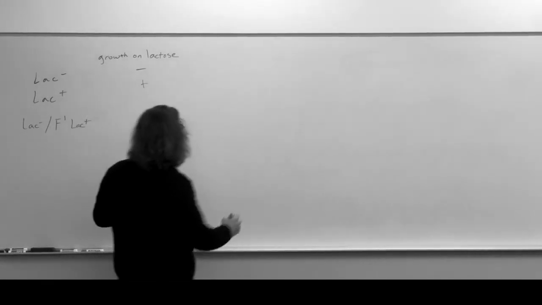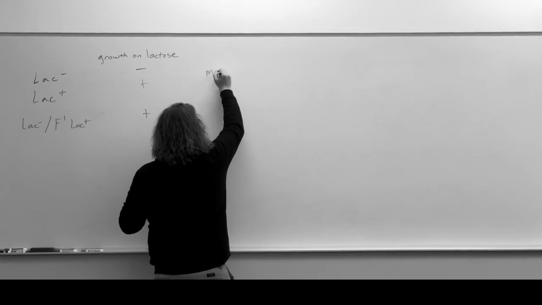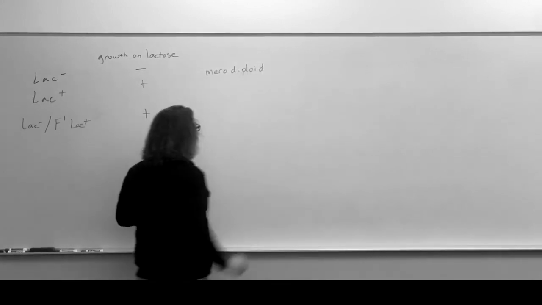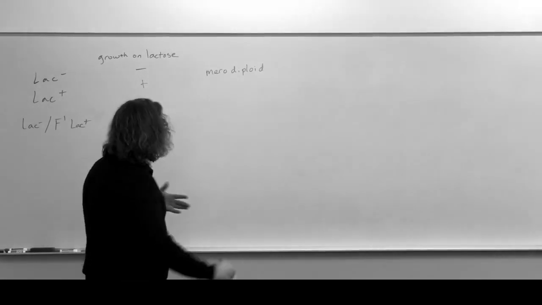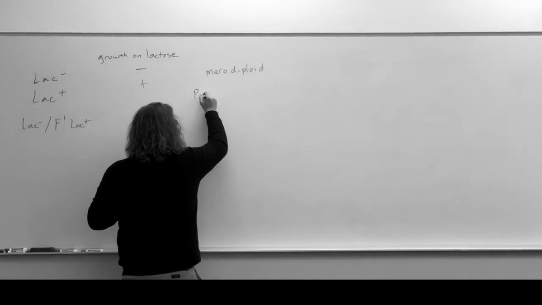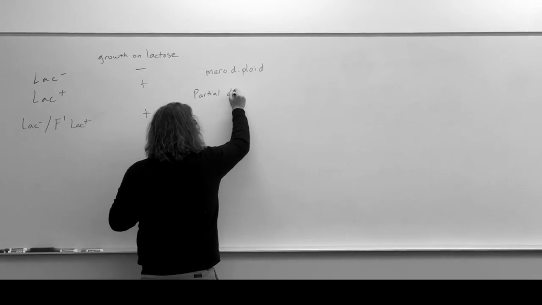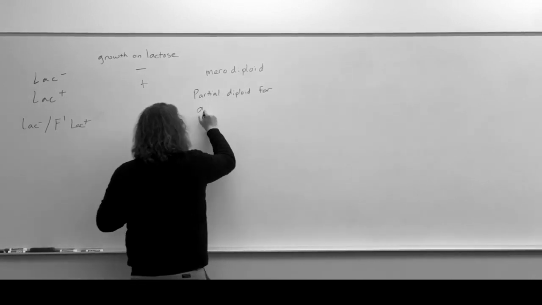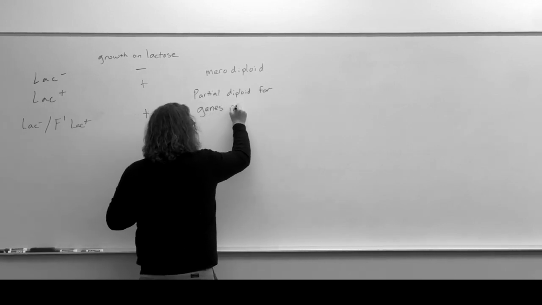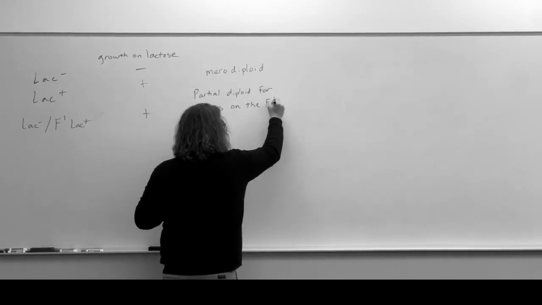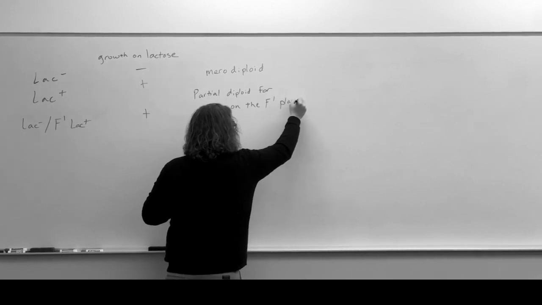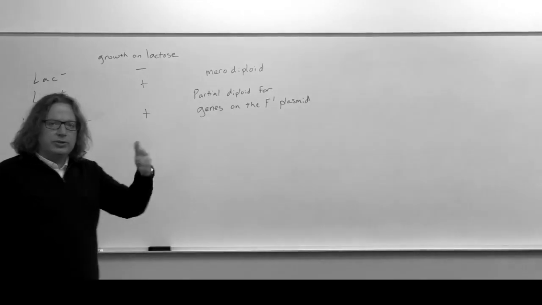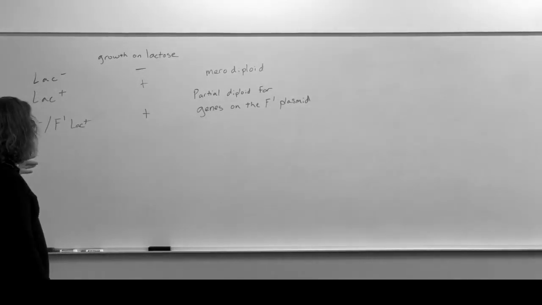And so what we're doing here is we're constructing what's called a merodiploid. And a merodiploid is essentially a partial diploid for genes on the F prime plasmid. So it's a way of introducing a diploid state.